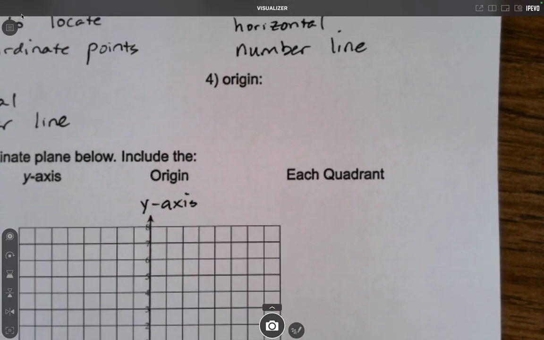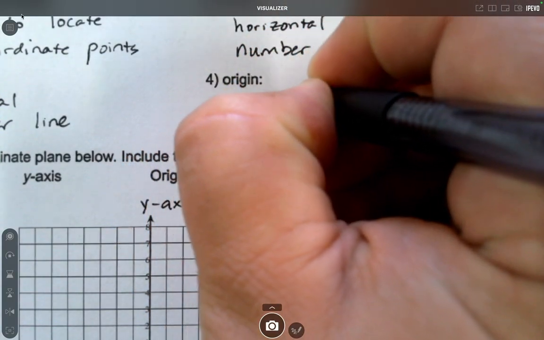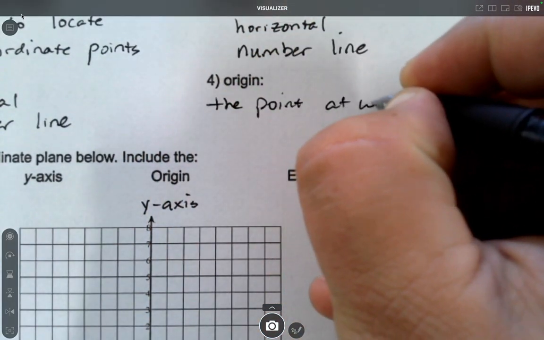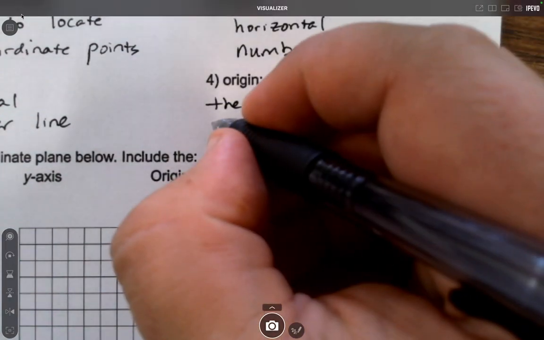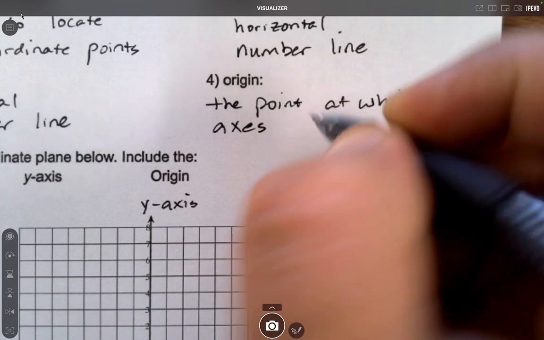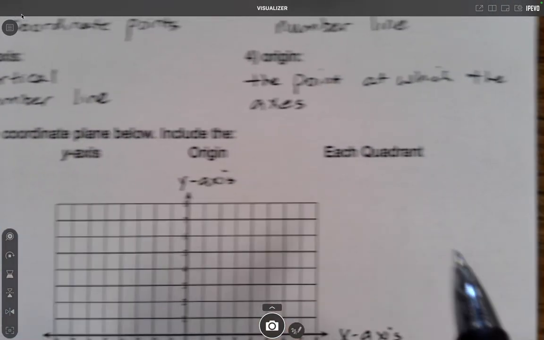And the origin is the point at which the axes, that's the plural of axis, so this is not talking about the things that chop wood. It is spelled that way, but this is the axes, meaning the plural of the word axis.